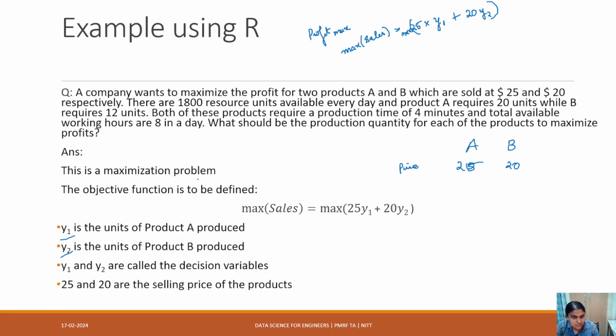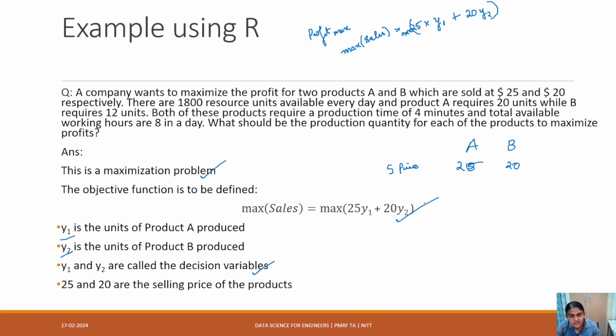So this is a maximization problem, and the objective function is the maximization of sales, equal to the maximum of 25 Y1 plus 20 Y2. Y1 and Y2 are called the decision variables, and 25 and 20 are the selling prices of the products.